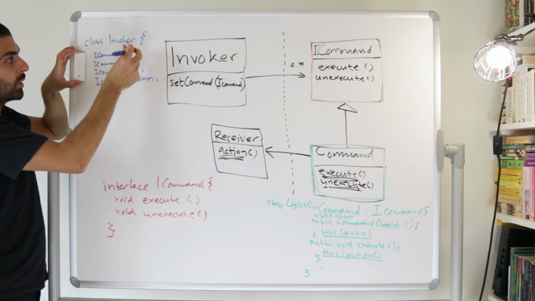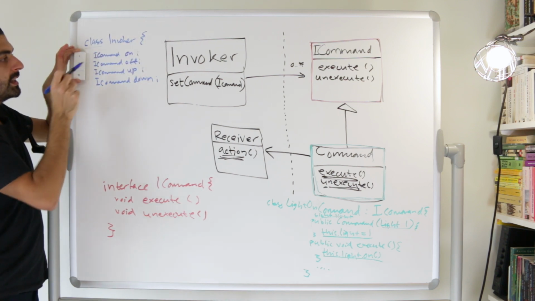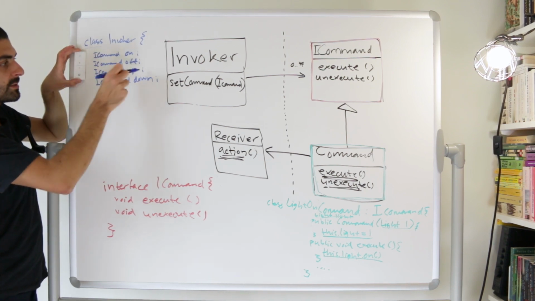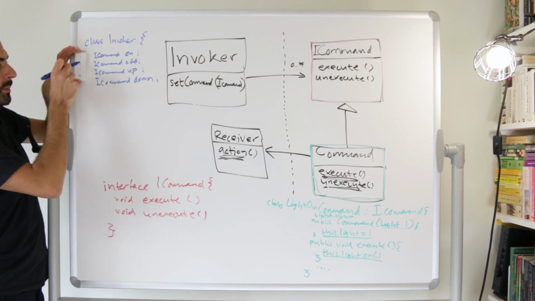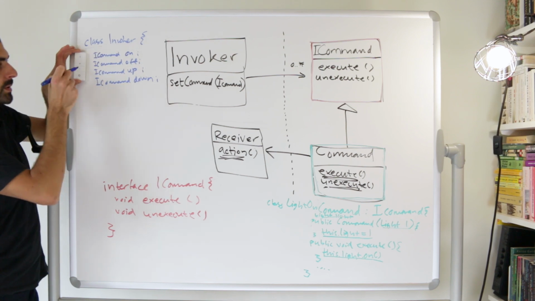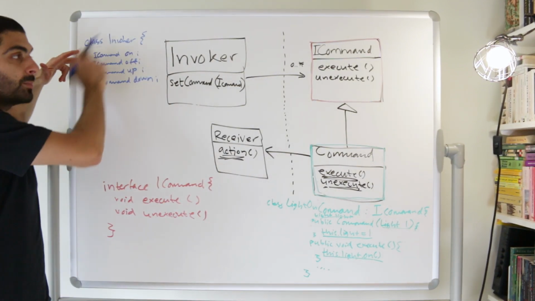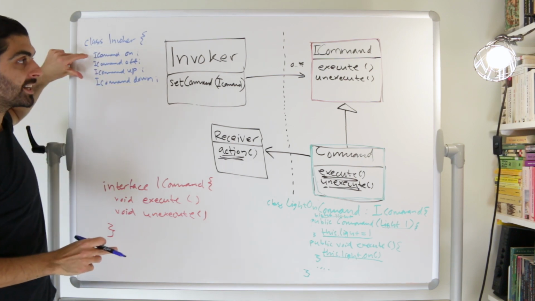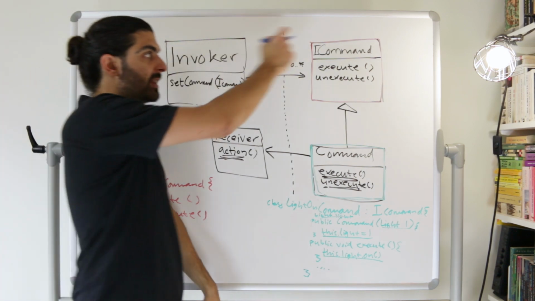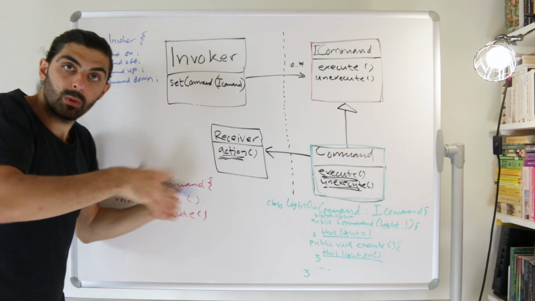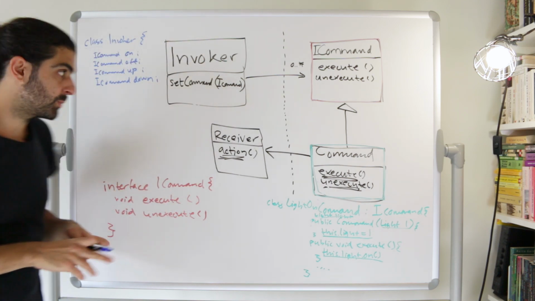So we have the instance variable on, which represents the on button, the instance variable off, which represents the off button, the instance variable up, which represents the dim up button, and the instance variable down, which represents the dim down button. As you probably noticed, the type of these instance variables is ICommand. Super importantly, the type is ICommand because these represent what we want to do whenever that button is pressed.